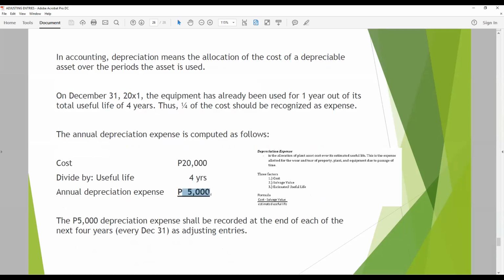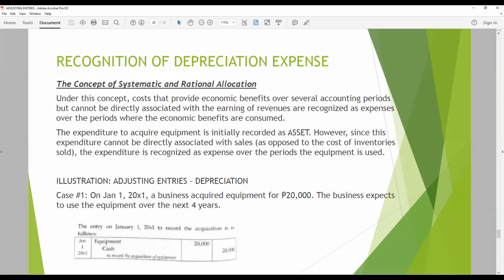So i-divide nyo pa to by 12 times 6 months. Yun lang yung depreciation nyo for that accounting period. Sa next year, if full year na nagamit, 12 months siya full, which is 5,000. Until such time, ma-consume nyo na yung total cost ng depreciable asset nyo, which is 20,000.